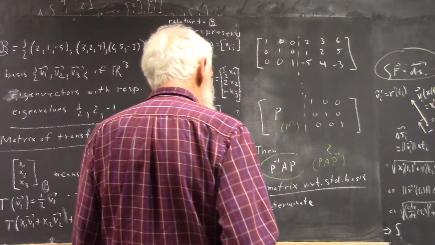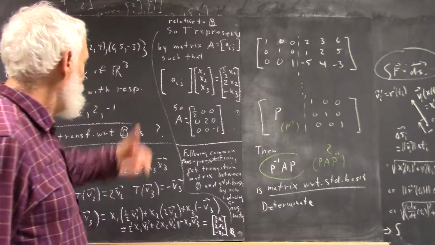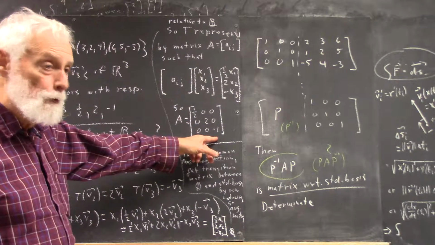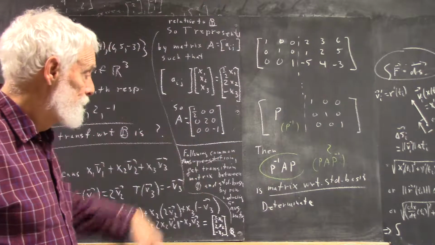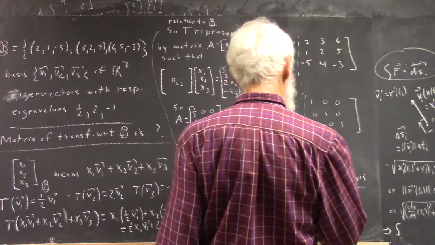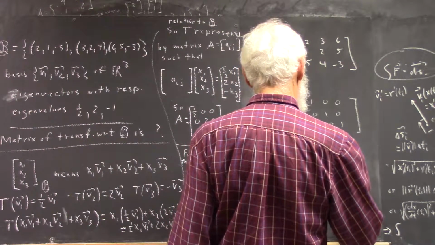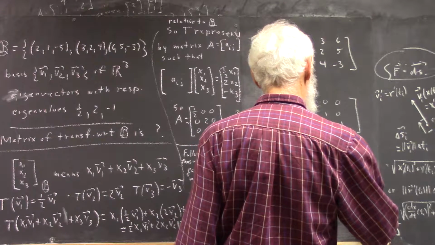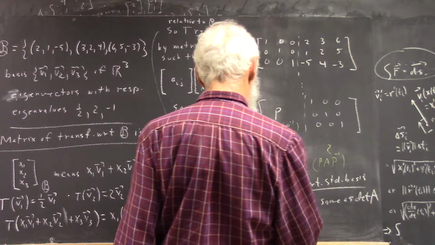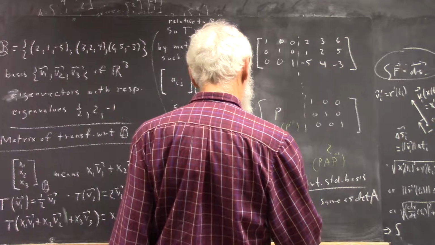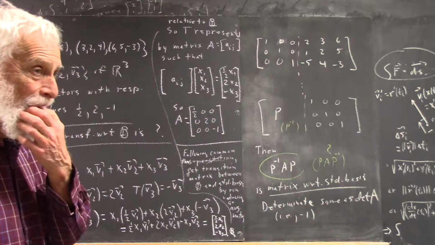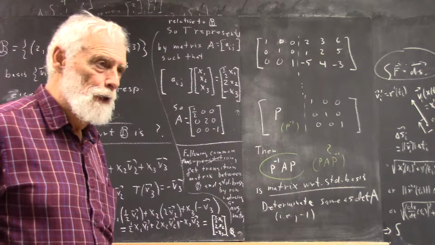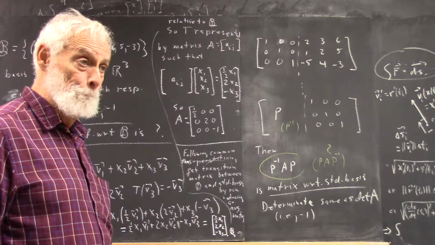The determinant is the same as the determinant of this matrix. In this case, the determinant's negative 1, because, of course, you multiply these diagonal elements real easily, right?